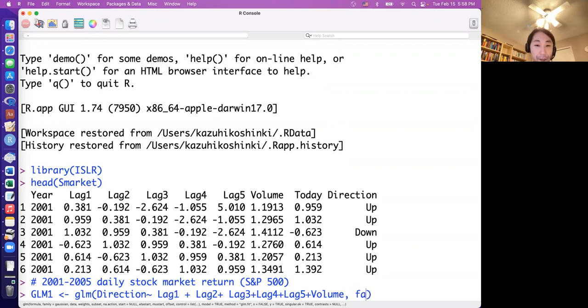Okay, and if we just type this, then R runs linear regression. But if we add an additional option, family equal to binomial, then we will fit the logistic regression. So family binomial.